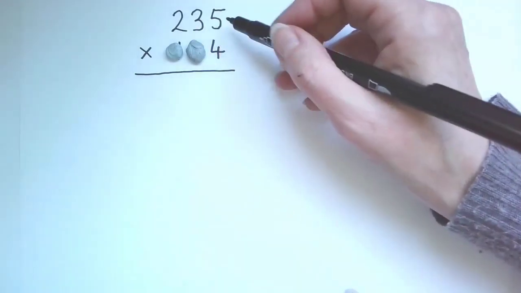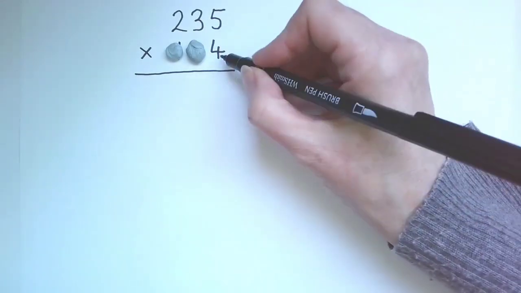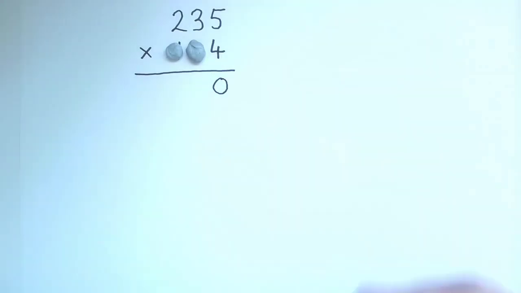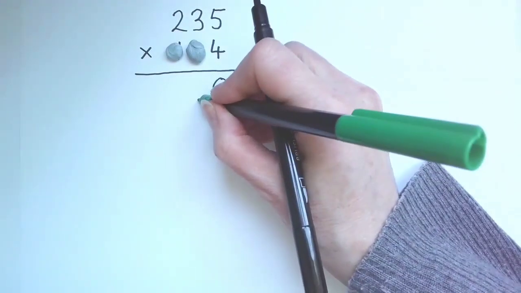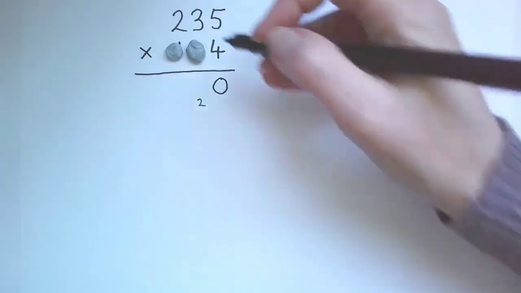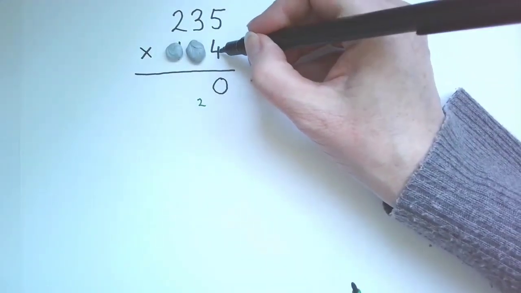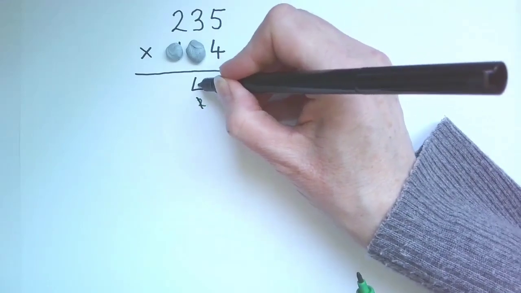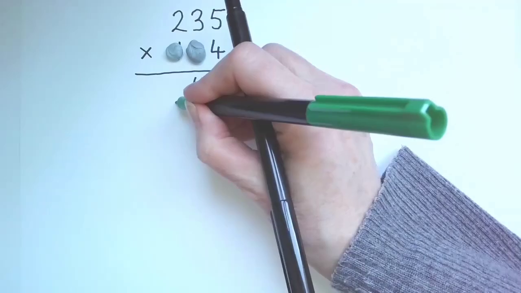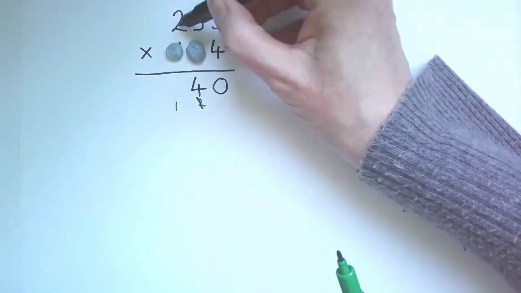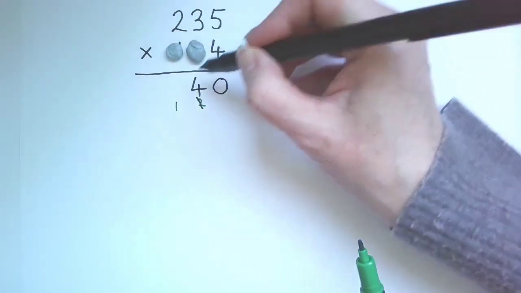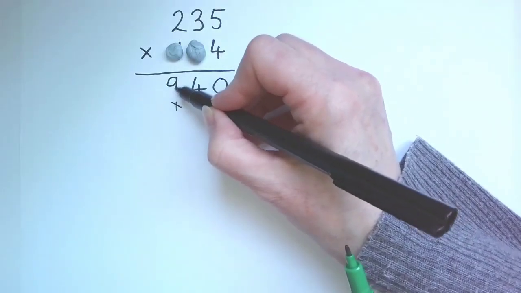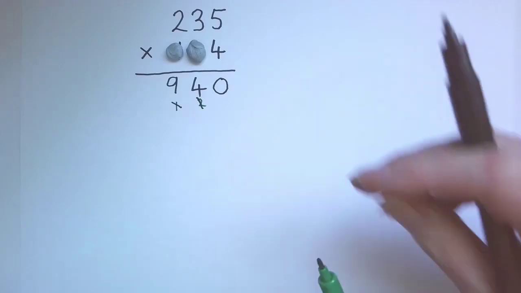I'm going to do 4 lots of 235. So 4 multiplied by 5 is 20. 3 multiplied by 4 is 12, plus 2 more is 14. And then 2 multiplied by 4 is 8, plus 1 is 9.